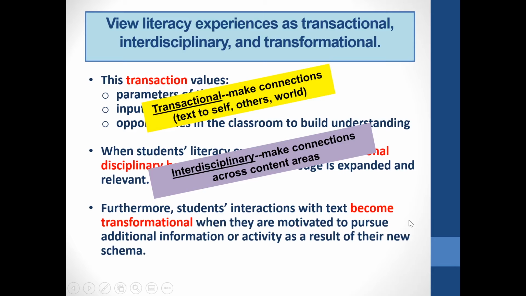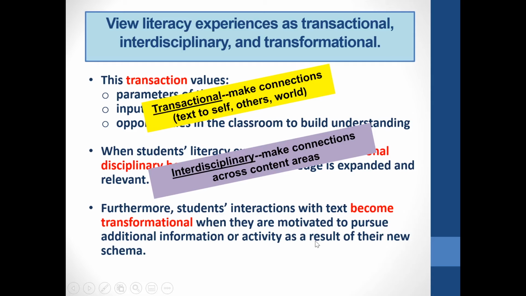And this is one when we begin to think about what students write about. This is the important piece there. We want students' interactions with text to become transformational. It becomes transformational when they're motivated to pursue additional information or another activity as a result of their new schema.